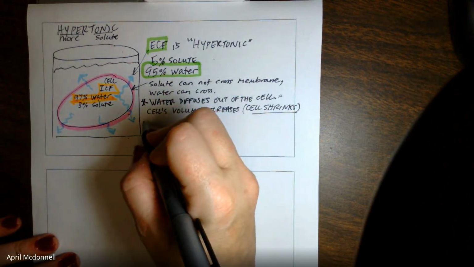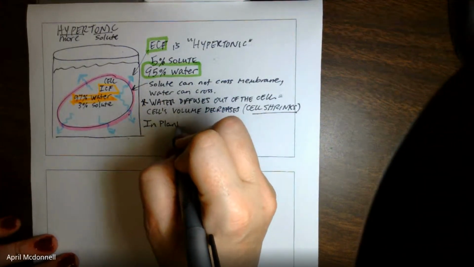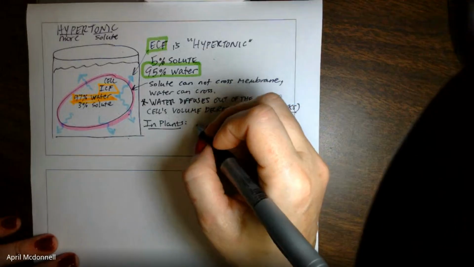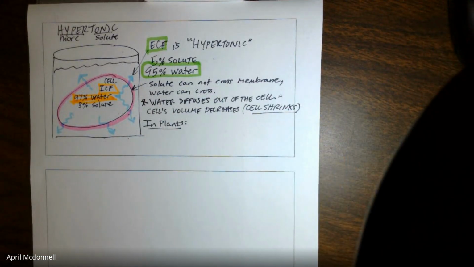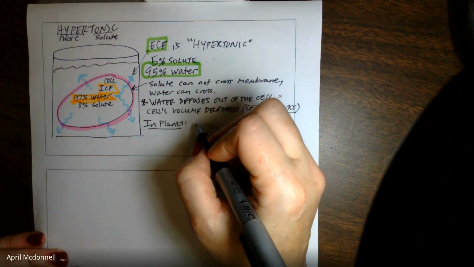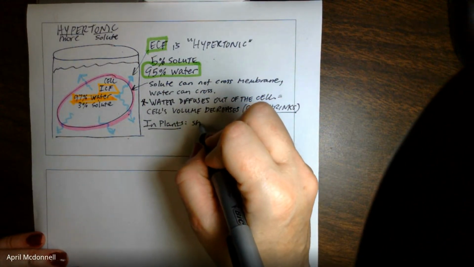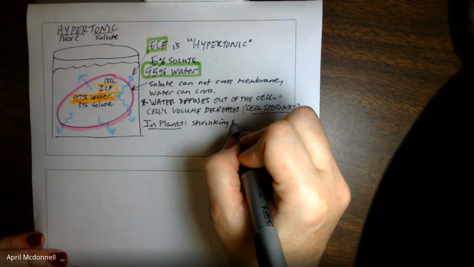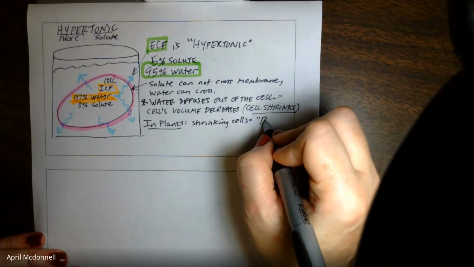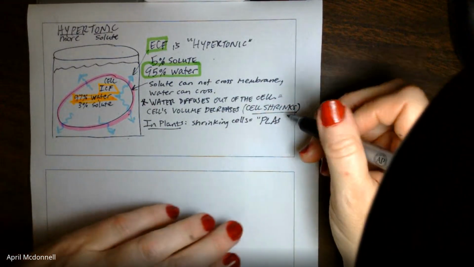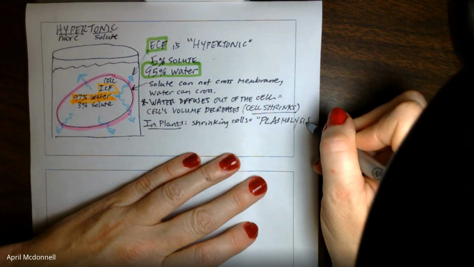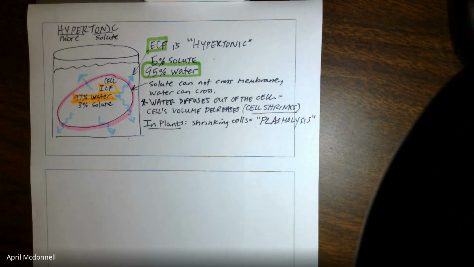In plants, when a cell shrinks, that process is called plasmolysis. This is similar to when the plant begins to wilt.